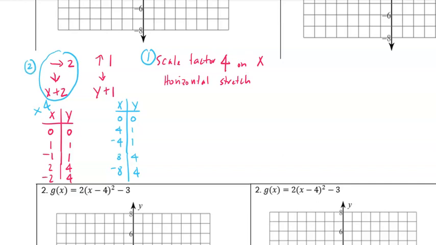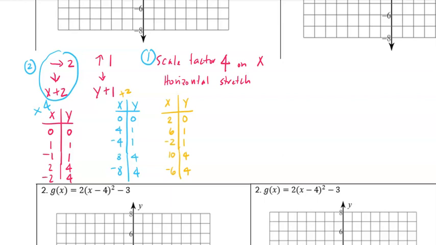I'm going to take these, do it in a different color, and add 2 to each x. So that's going to be 2, 0, and then 6, 1, and then negative 2, 1, and 10, 4, and negative 6, 4.